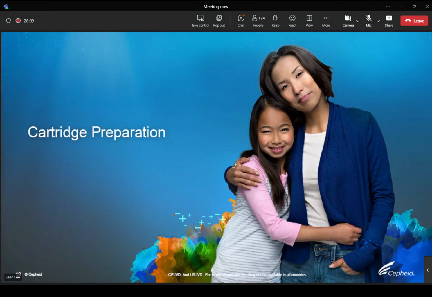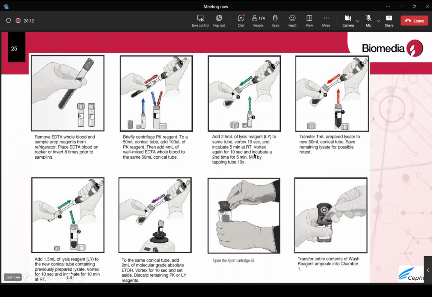Okay, so how do you prepare the cartridge? It's quite simple. First thing, you get a blood sample. You add in the proteinase K, you add in the lysis reagent, and then you do some incubation. Then you will get something called lysate.